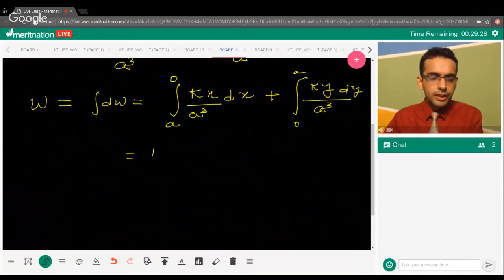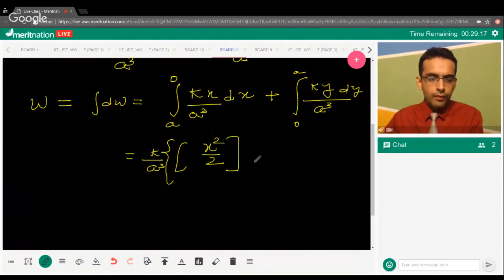So k by a cube can be taken common. You get x square by 2 with the limits a to 0 plus y square by 2 with the limits 0 to a.